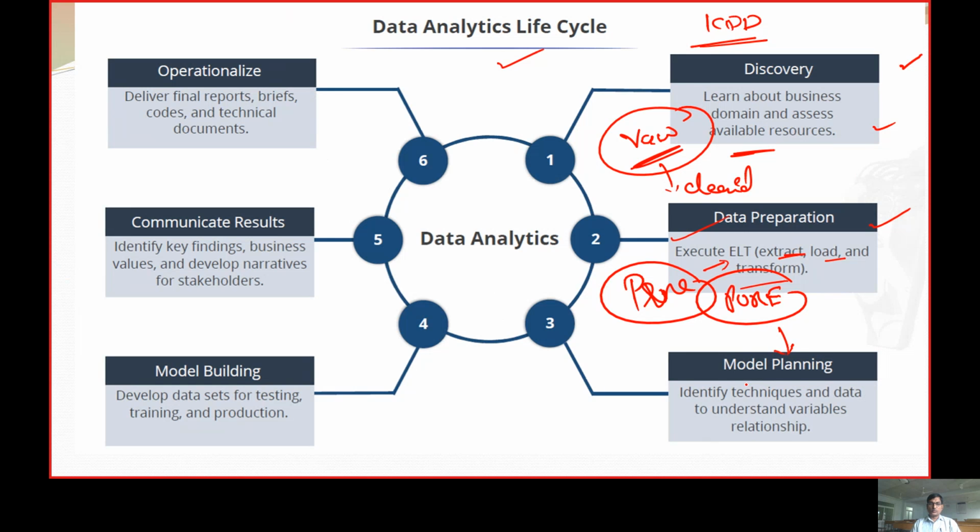The next step is to plan the model. We need to identify what type of model will give us the correct implications over the data, so that we can understand the relationships.